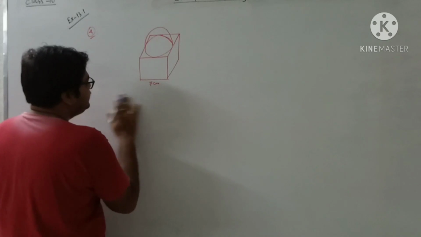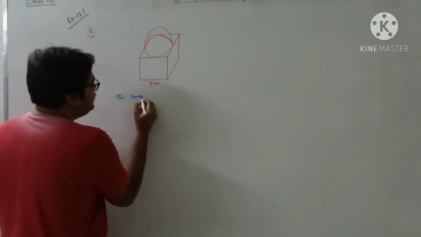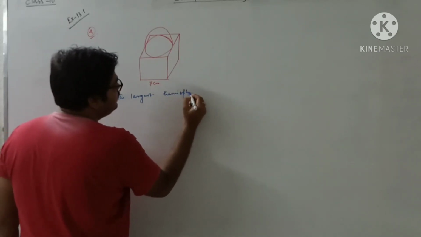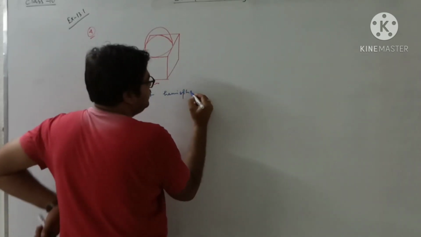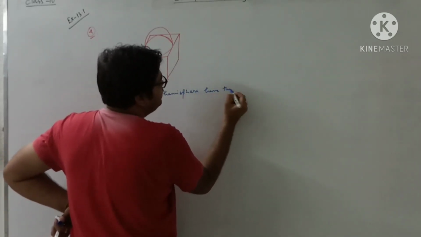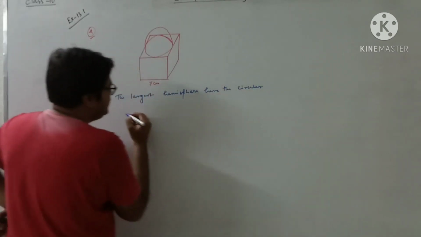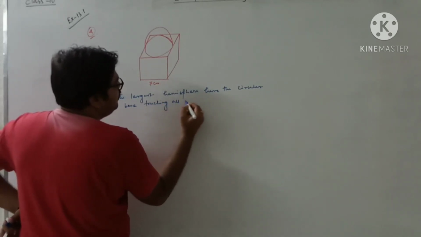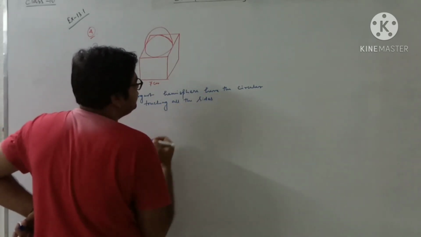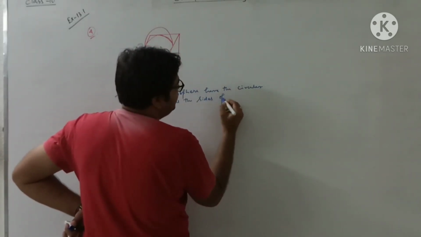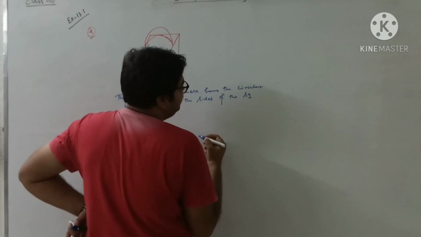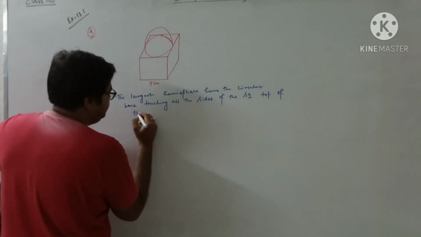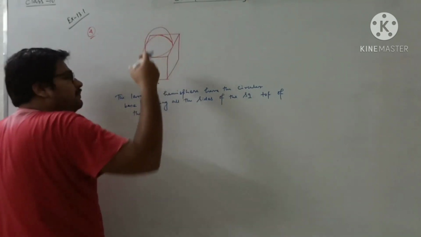The largest hemisphere has its circular base touching all the sides of the square top of the cube, because the cube has a square top.